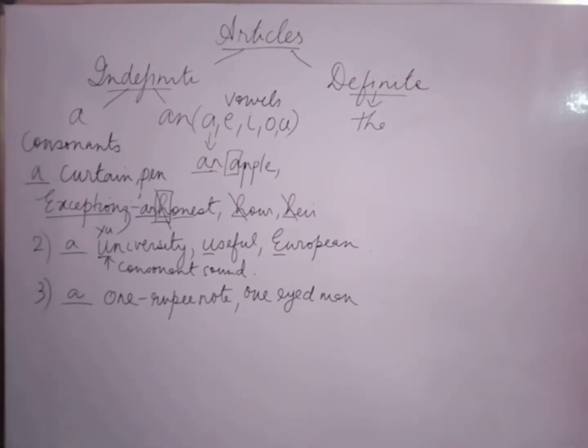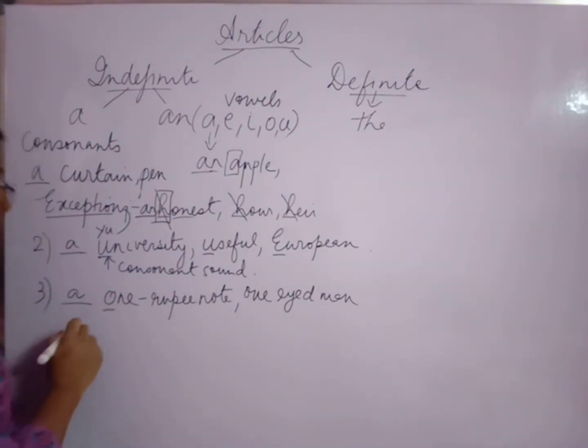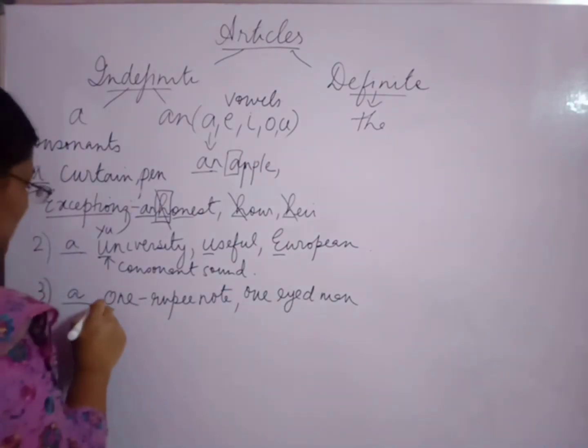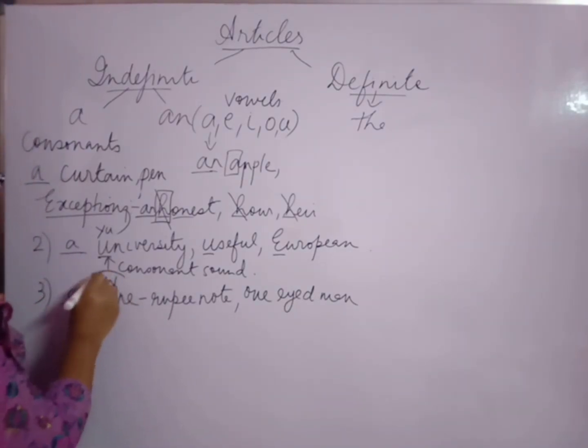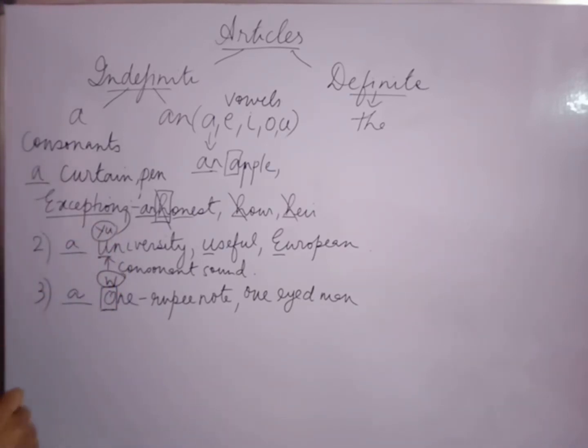A one-eyed man, a 1 rupee note, because though the word has the first letter as a vowel, the sound here is a consonant sound. One, the sound is W. The sound is Y here. So this is the reason why we use a, though the word starts with a vowel letter.